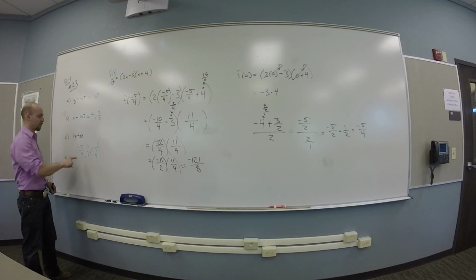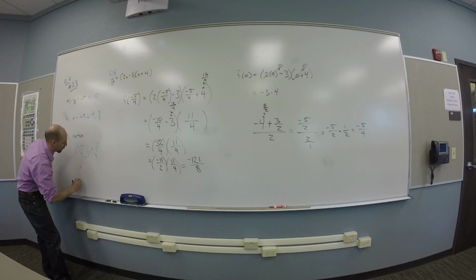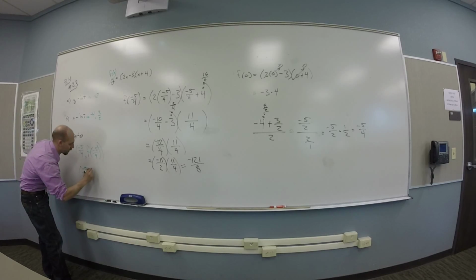So we should really replace our f of negative 5 quarters here with our negative 121 over 8.